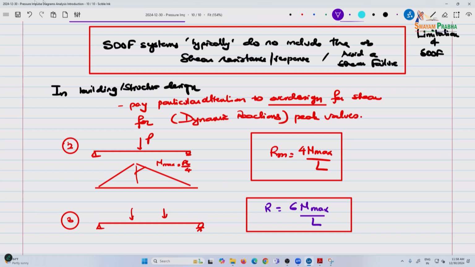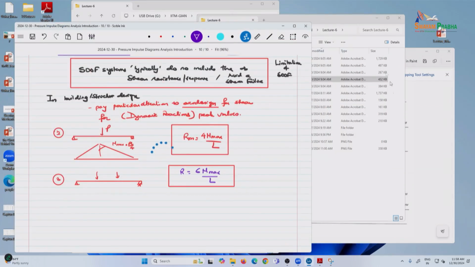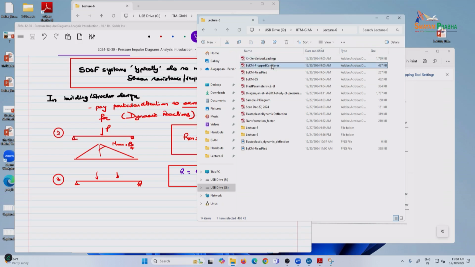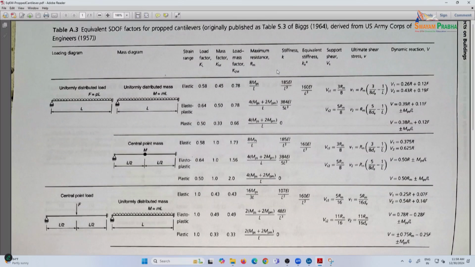So there is another insert, but I won't insert it here. We will upload it. What we have here, I think I've showed you this one, equivalent Km. What I showed you is for a simply supported. Now this is a propped cantilever, and the factors are given.